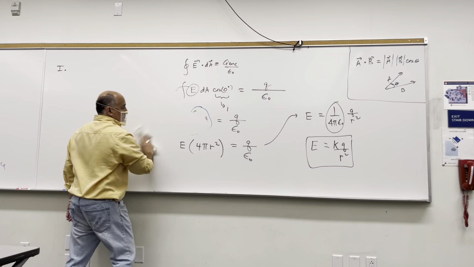A hollow conducting or metallic sphere with total charge Q, inner surface of radius A, outer surface of radius B, and finally a point charge plus Q at the center.